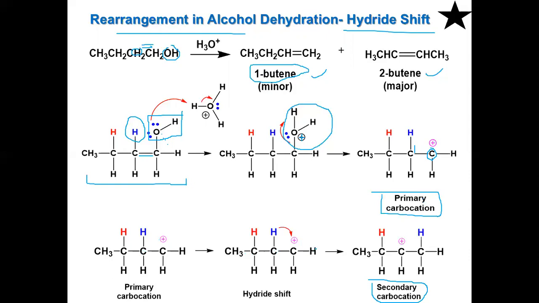So when this positive ion shifts into the second carbon, carbocation ni akan jadi secondary carbocation, which is more stable compared to your primary. So dia rearrangekan diri dia menjadi secondary carbocation, baru dia akan proceed dengan reaction yang berikutnya.